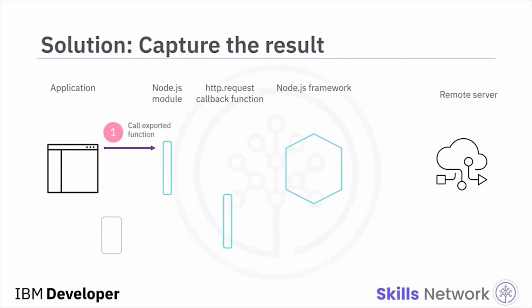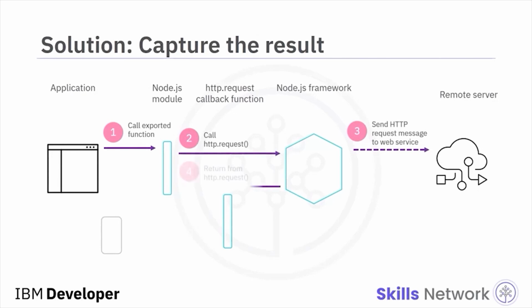The application makes a call to the Node.js module. The Node.js module makes an http.request function call in order to send an HTTP request message to a remote server. Before the remote service returns an HTTP response message, the http.request function call returns control to the Node.js module as the request message was successfully sent. Then the Node.js module replies with a value to the main application.